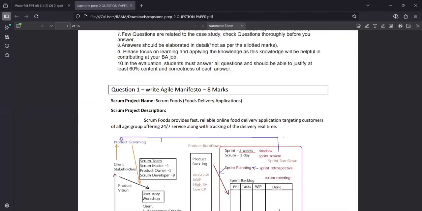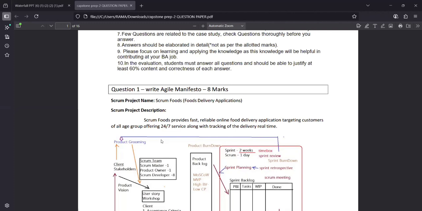So what are the 12 principles we have in the agile manifesto? Customer satisfaction through early and continuous delivery. Welcome changing requirements, even late in development. Deliver working software frequently. Business people and developers work together daily. Build projects around motivated individuals and support them.